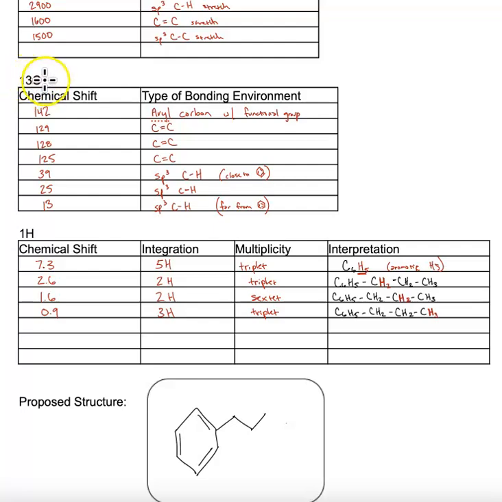Reviewing our CNMR, 142 was indicative of an aryl carbon with a functional group attached. And then we have 3 carbon-carbon double bond signals here, which are on our aromatic ring. This sp3 carbon signal here is indicative of the one closest to the aromatic ring. And then moving down, we have chemical shifts that get lower and lower.